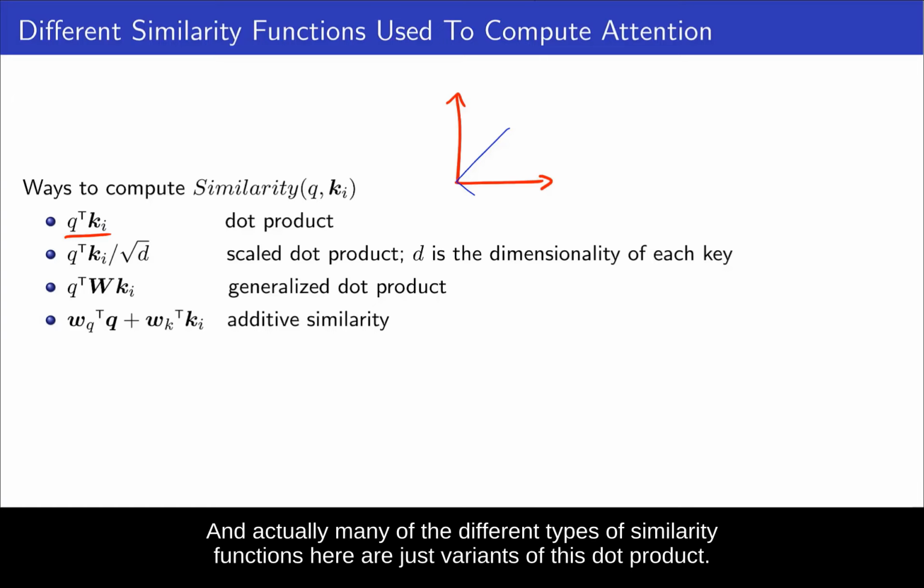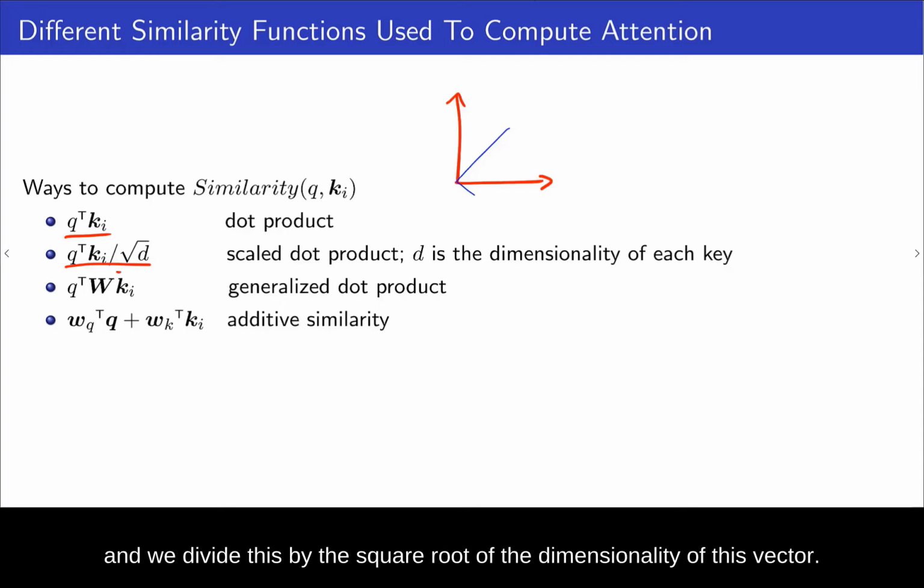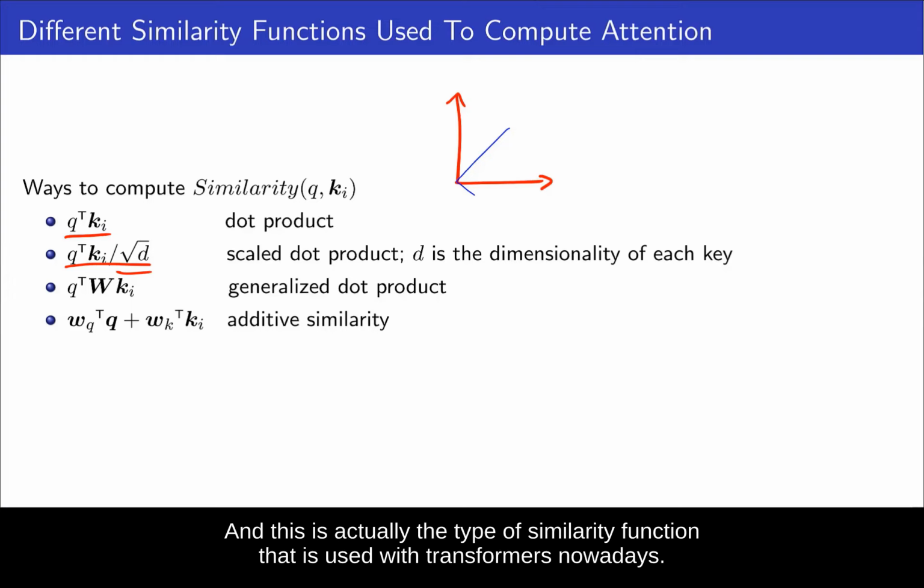And actually, many of the different types of similarity functions here are just variants of this dot product. So here we have a scaled dot product, which is basically just a dot product that we divide by the square root of the dimensionality of this vector.